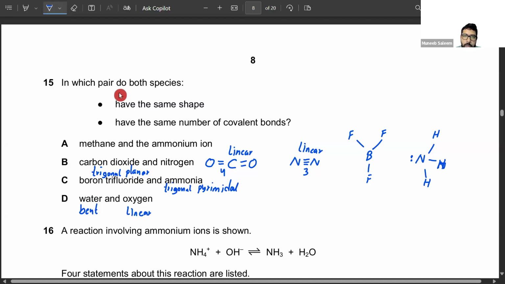Now let's talk about methane and ammonium. Methane is CH4. So we have tetrahedral shape for methane, and also for ammonium, which is NH4+. We have similar type of the shape.